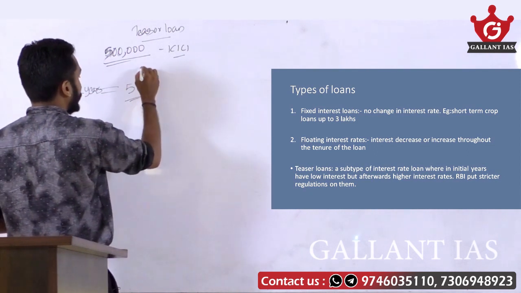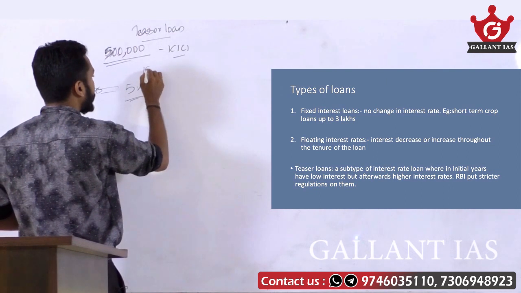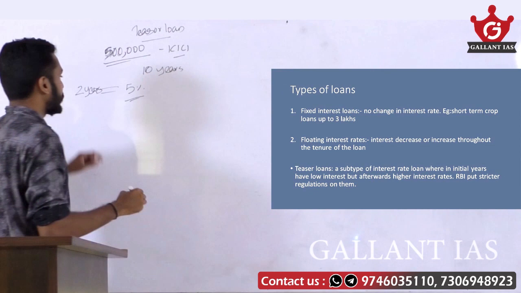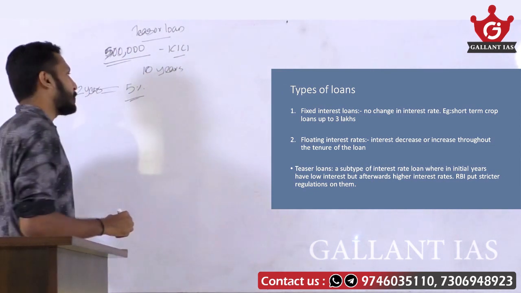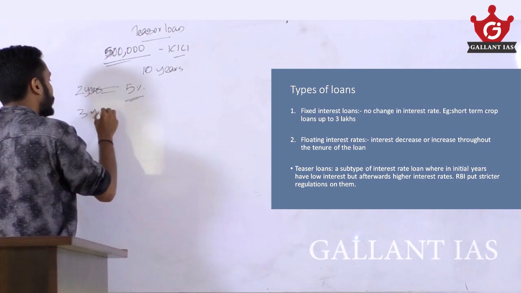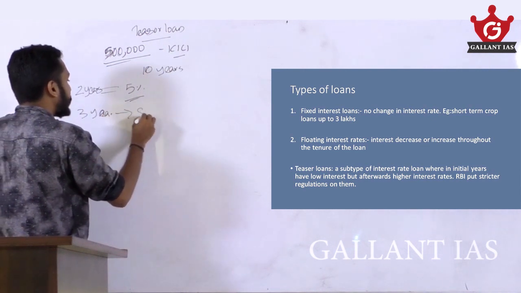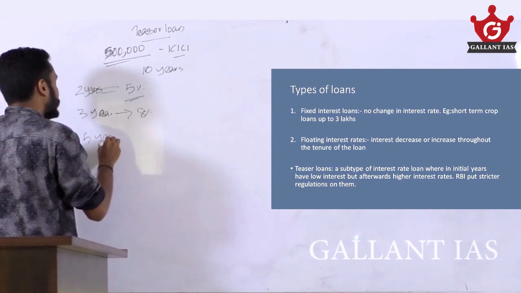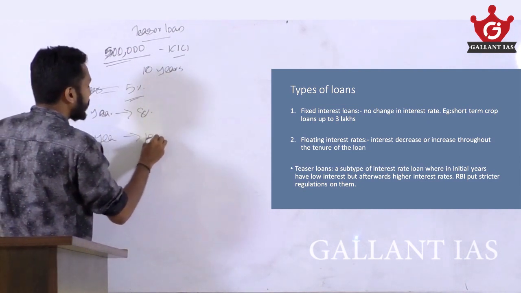This 5 lakh loan is for 10 years. So for the first 2 years I have to give just 5% interest. Then for the next 3 years I have to give 8% as interest. Then for the next 5 years I have to give 10% as interest.